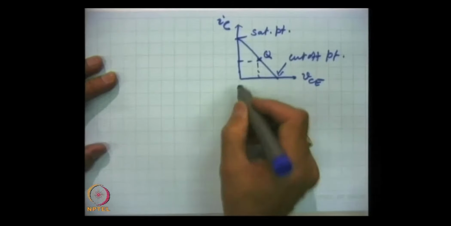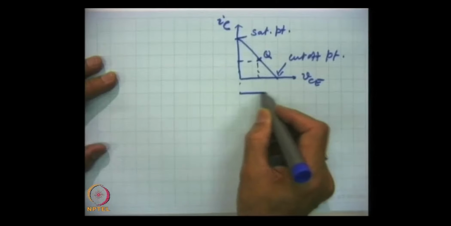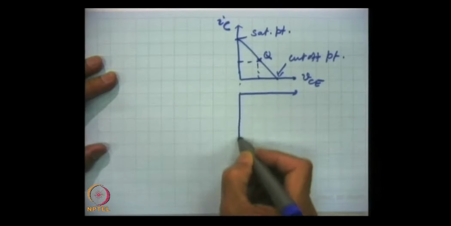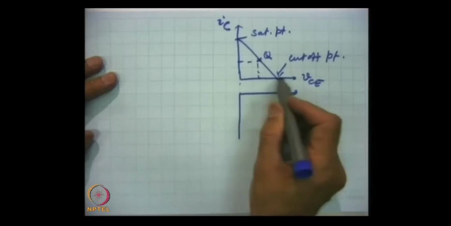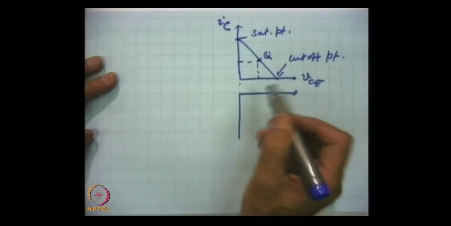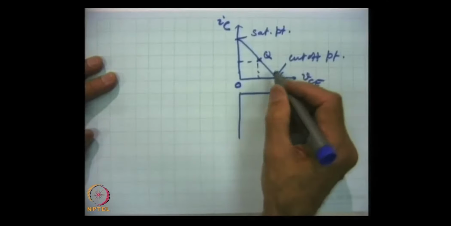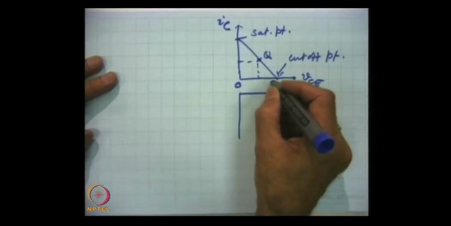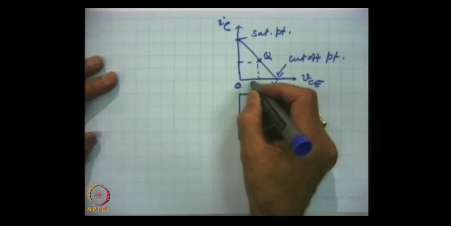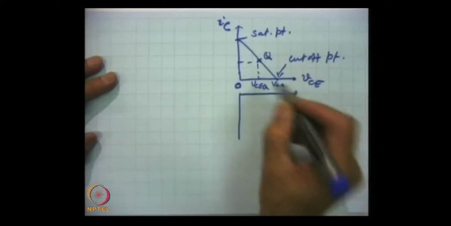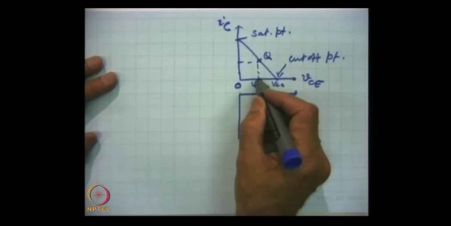For optimum use, maximum power delivery to the load, we have to use this whole region extending from 0 to this point, which is VCC, and since this is VCEQ, this is double that because it is in the center.